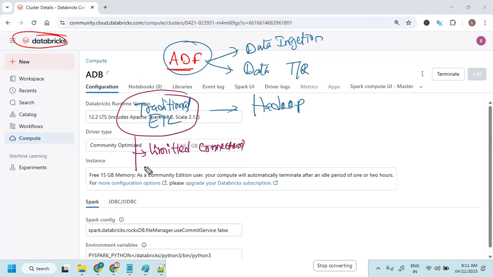At the same time, they support only structured data processing, and only batch processing. No parallelism. So there are many limitations.